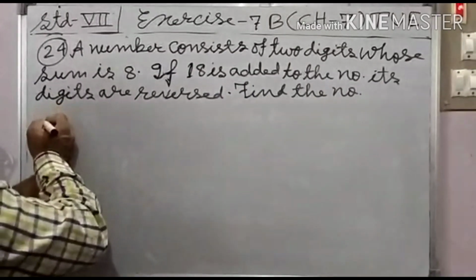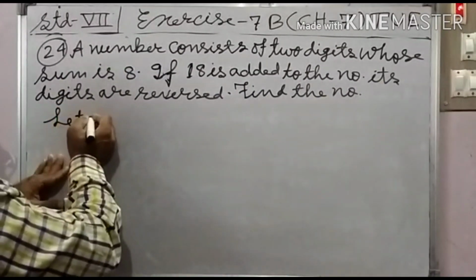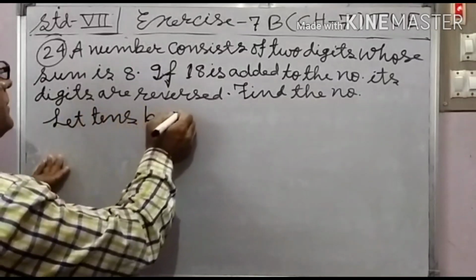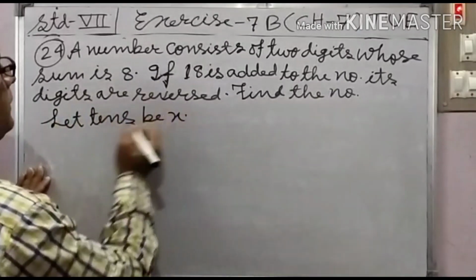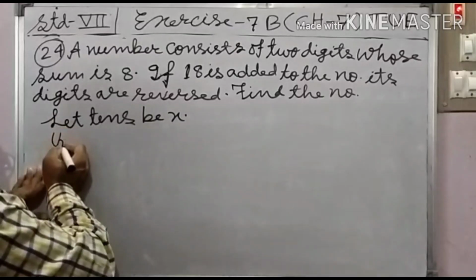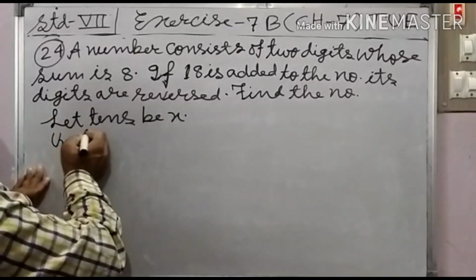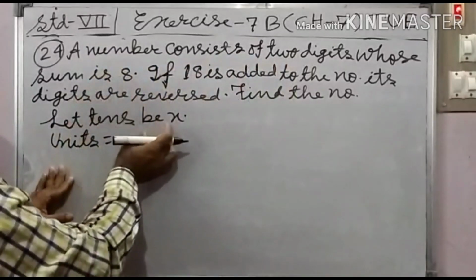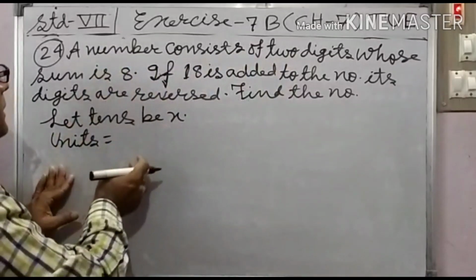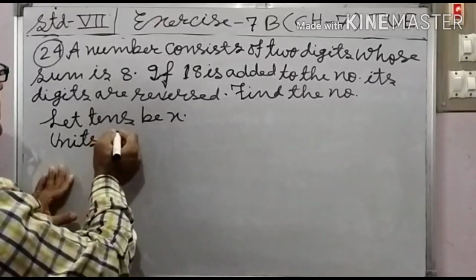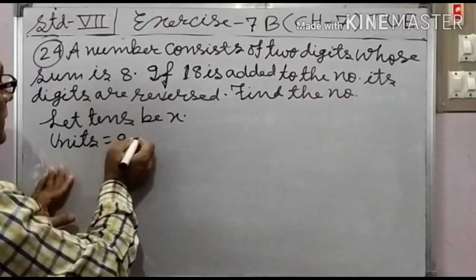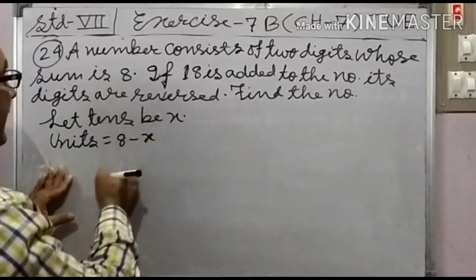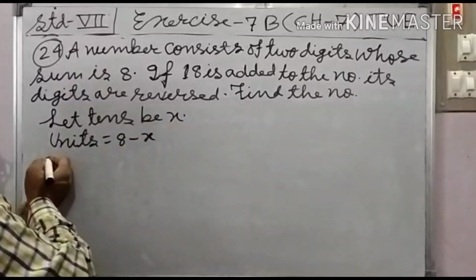So let the tens digit be x. Then the units digit is 8 minus x, because the sum of the 2 digits is 8.